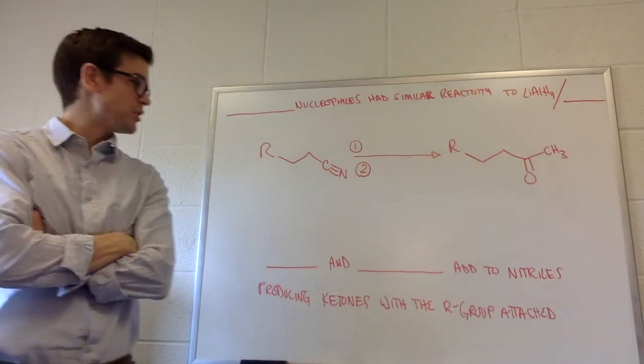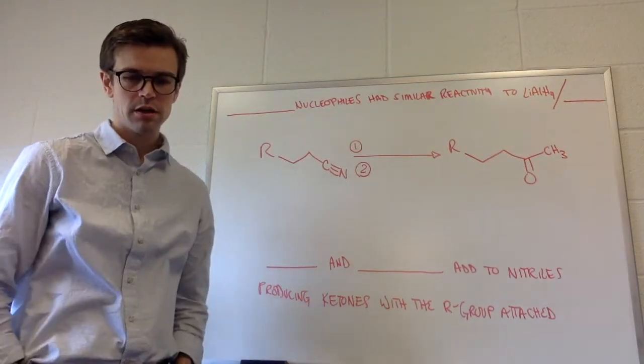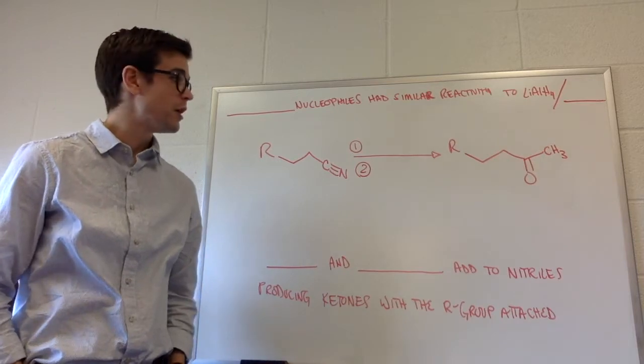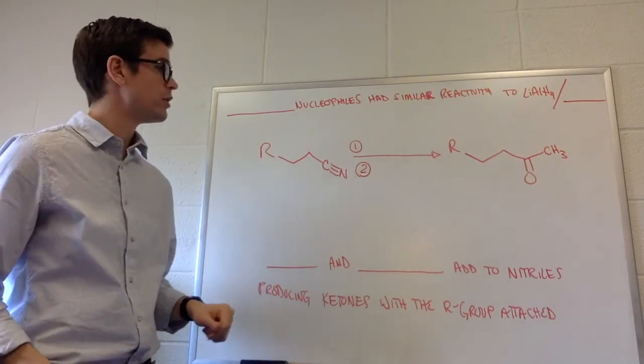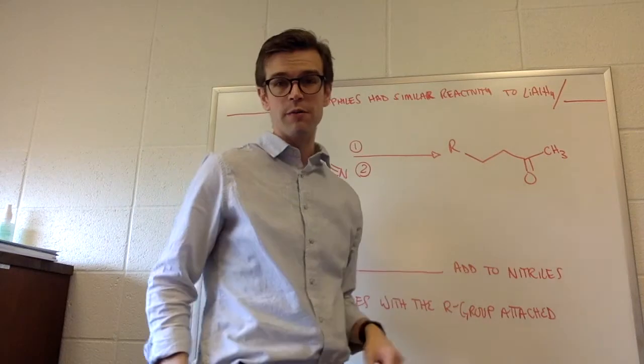So the last reaction we're going to learn in chapter 22 is how to take a nitrile and make a ketone from it.